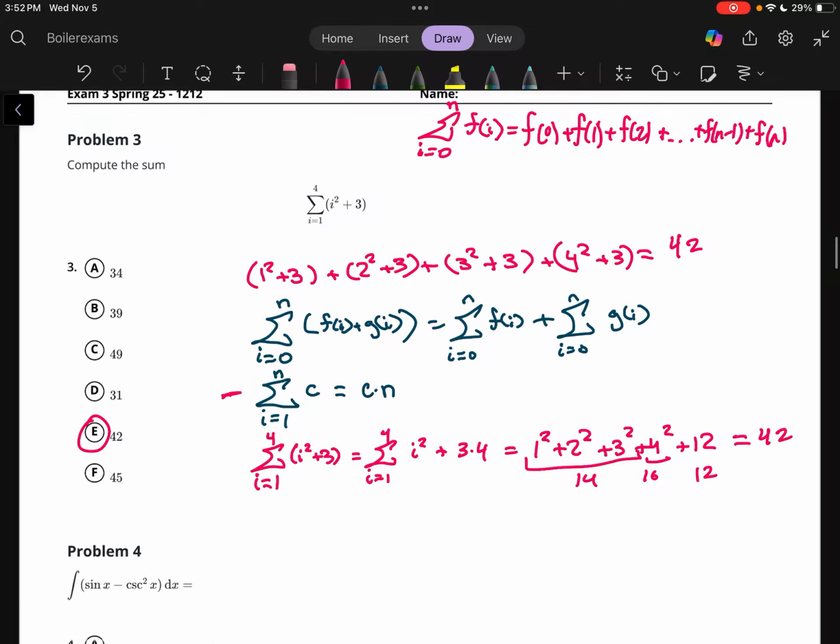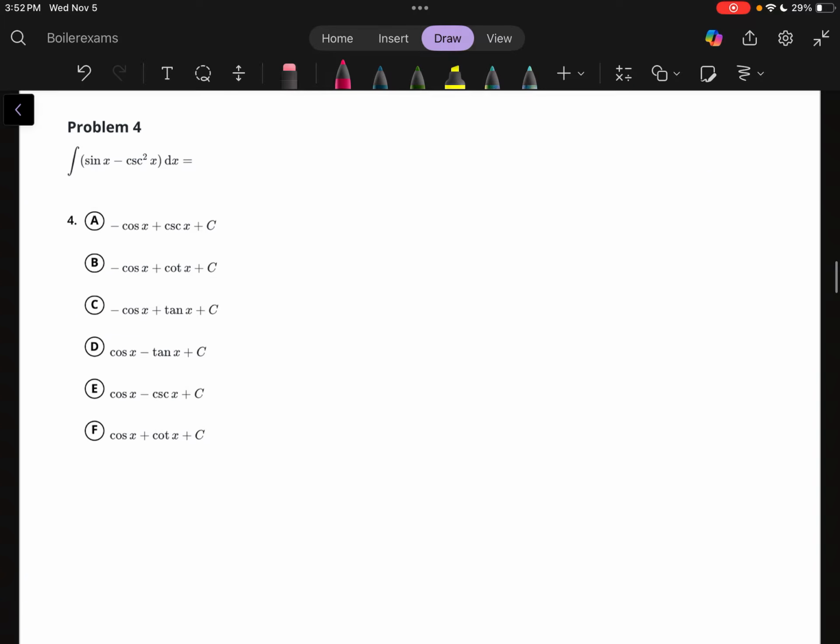Okay, moving on to problem 4. Problem 4 says, find the antiderivative of sine of x minus cosecant x squared. Okay, so for this problem, we have to use our antiderivative rules. And the first thing I would do is split this integral up into two parts.